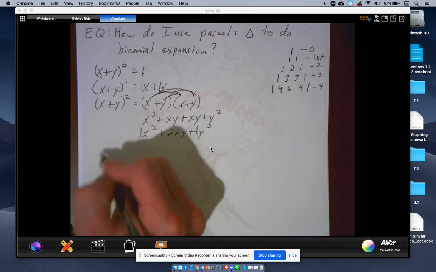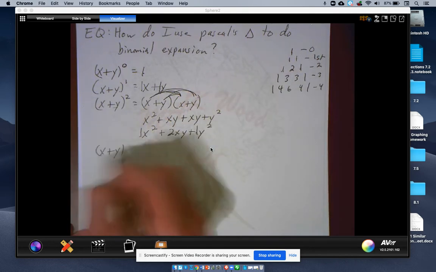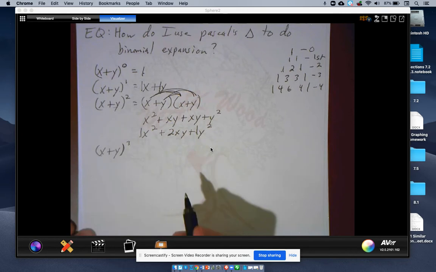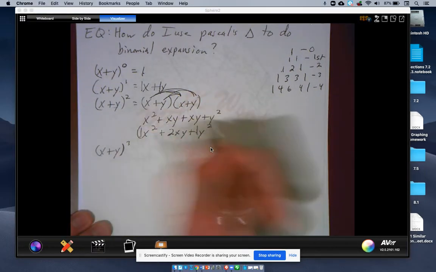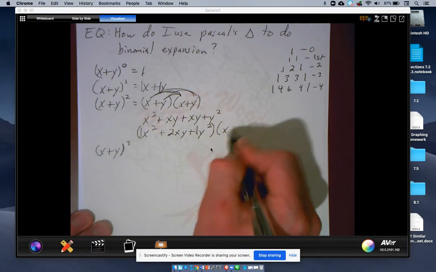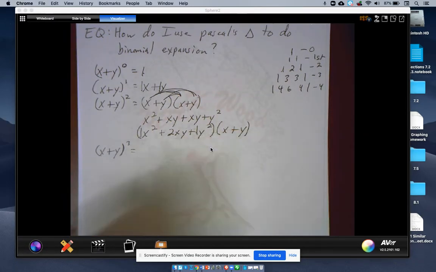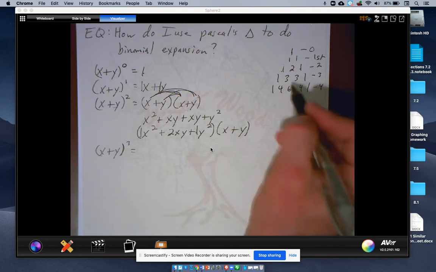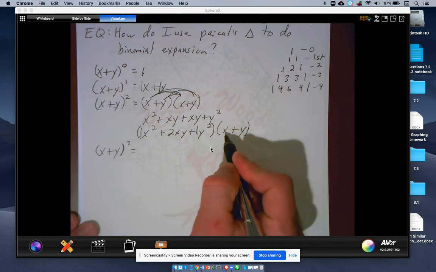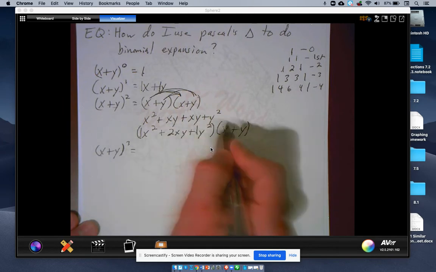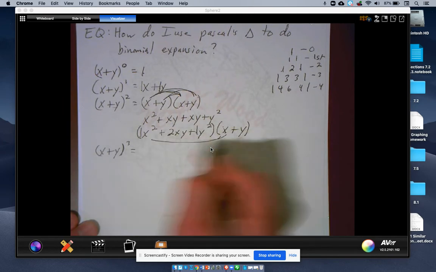All right. So when I do this again, and I'll show you one more, my coefficient should be the third row. So if I go x plus y cubed, basically what I'm going to do there is I'm going to take this previous one, I'm going to multiply it by x plus y one more time. Right? Now this is going to get a little ugly. Just follow the process, but eventually you'll be able to cheat and just use this form. I'll show you how to do it. So I'm going to take this x and multiply it by every single term. Okay, so this x is multiplied 1, 2, 3.